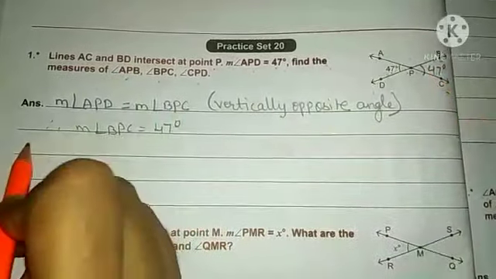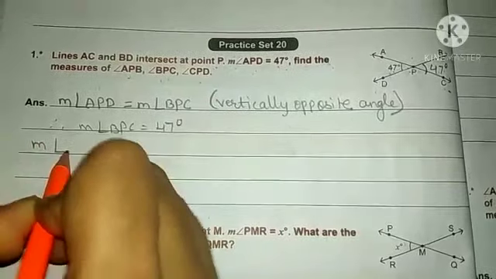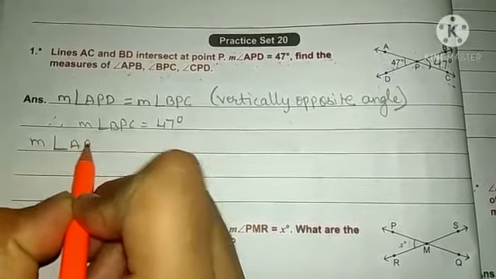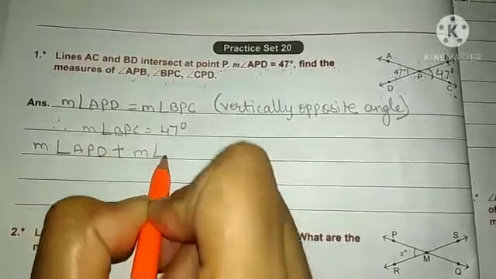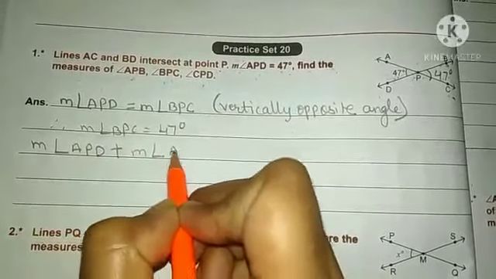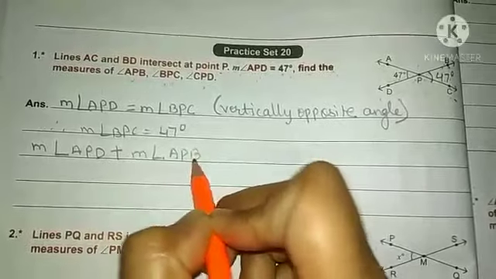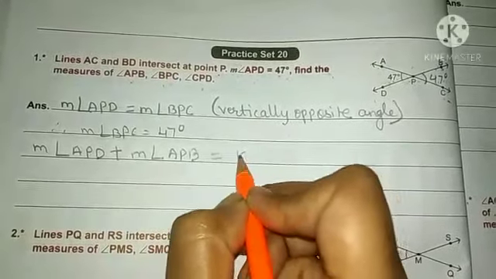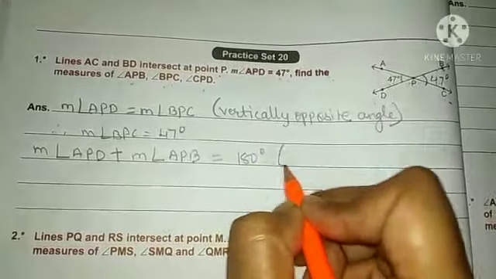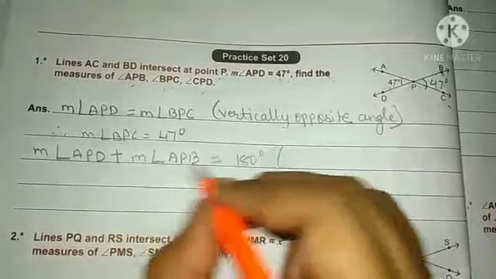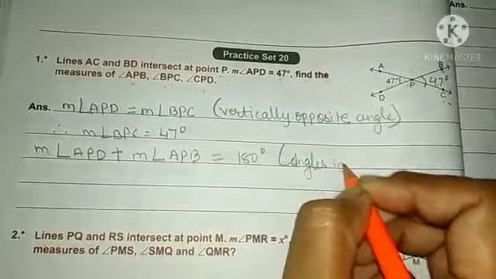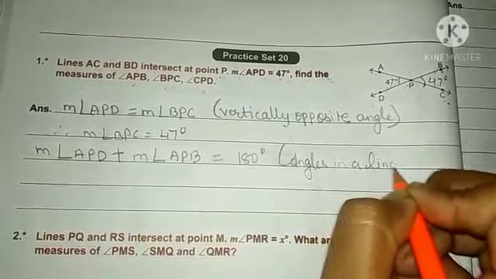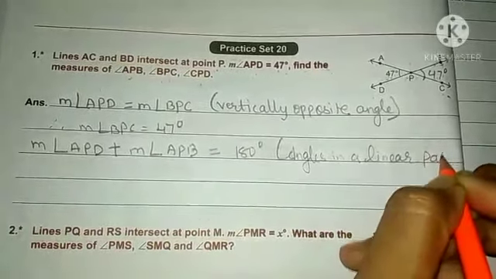Understood everyone? Here measure of angle APD plus measure of angle APB is equal to 180 degree. Linear pair angles are always 180 degree. So these two angles are your angles in a linear pair.